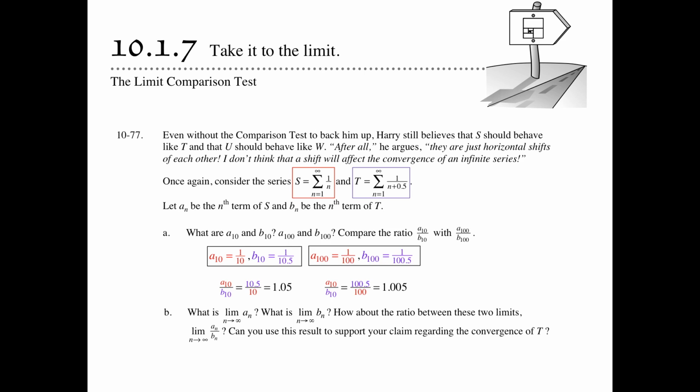And based on the pattern he saw with these ratios, he used a limit to determine the ratio between the nth term of S and the nth term of T as n approached infinity, and he found out that that limit was finite. Now this problem leaves off here, so this will be an opportune moment to do another fishbowl. This builds the suspense and allows the class to pause and make predictions about the significance of that finite ratio before they move on to the next problem.